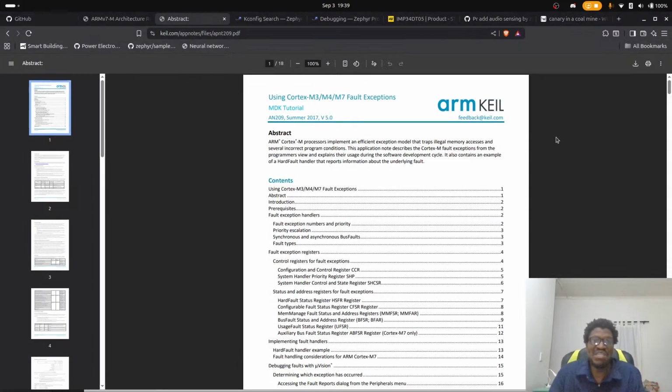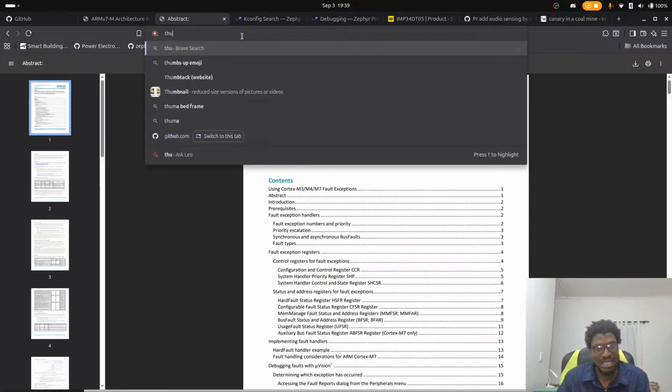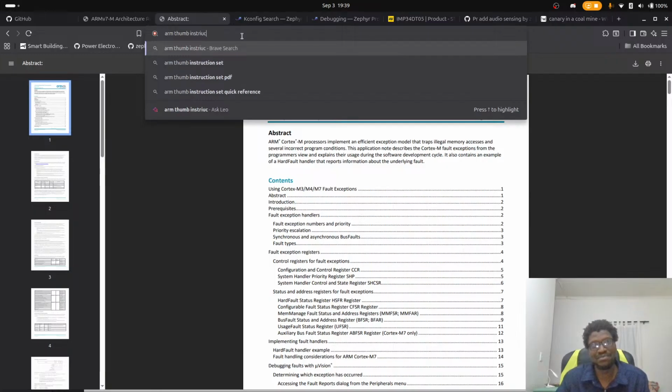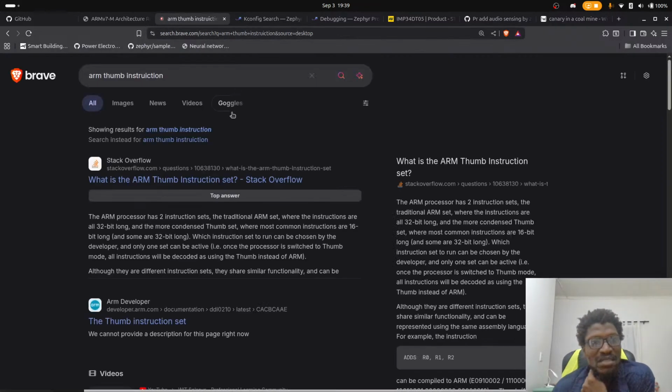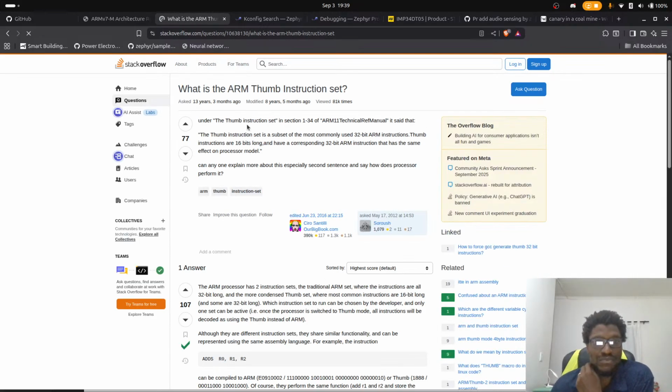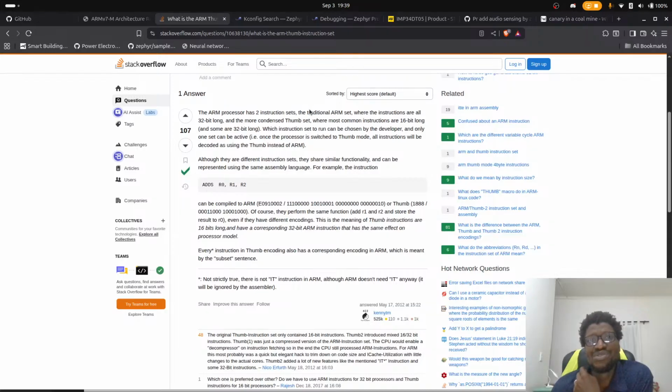I mean, we have Google. Let's find out what this is. What is a thumb instruction? ARM thumb instruction. That's full of typos, but it doesn't matter. Yeah, ARM thumb. So there you go. The ARM processor has 2 instruction sets.